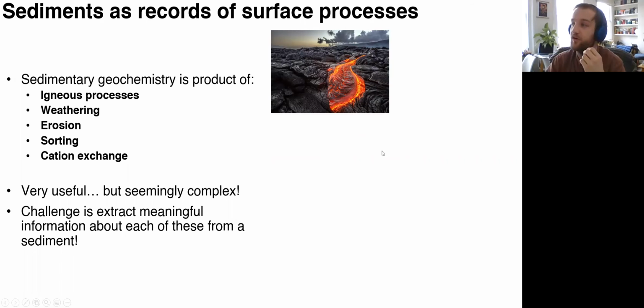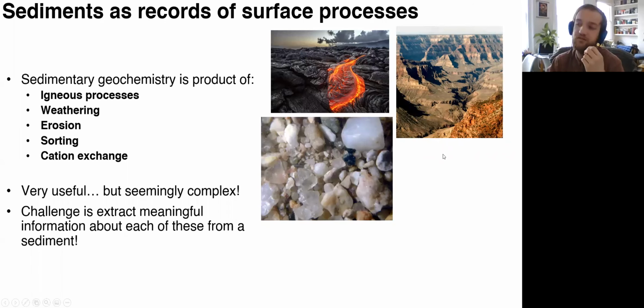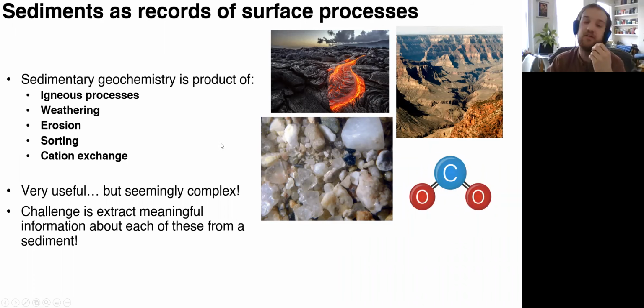It's a product of weathering and erosion, in that we generate our sediments by denuding the continents and transporting them around. And then it's also modified by a whole bunch of other processes, such as hydrodynamic sorting, weathering with acidic water, and other processes such as cation exchange.